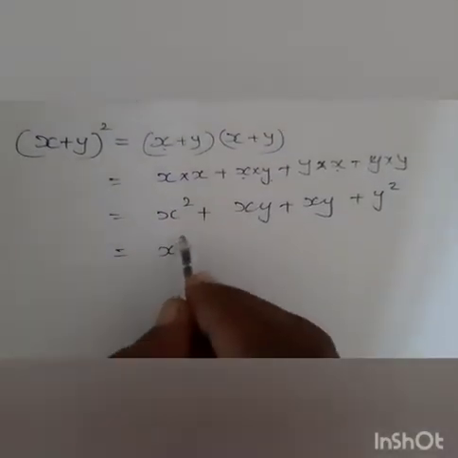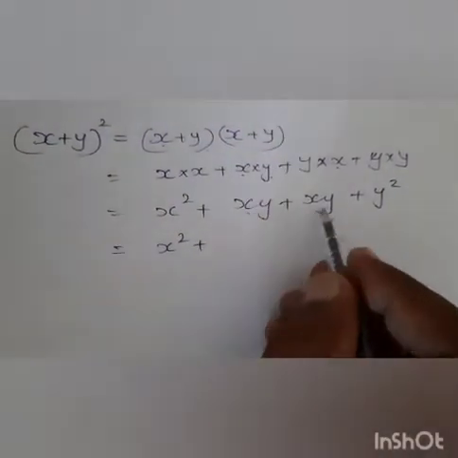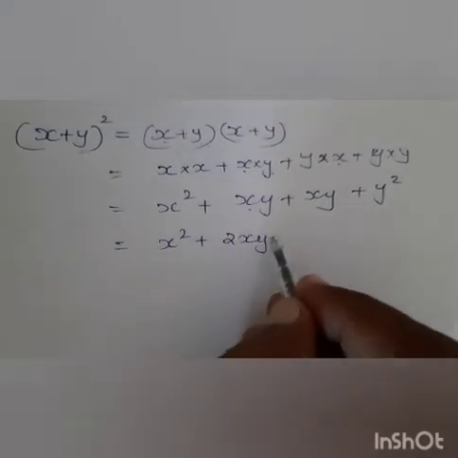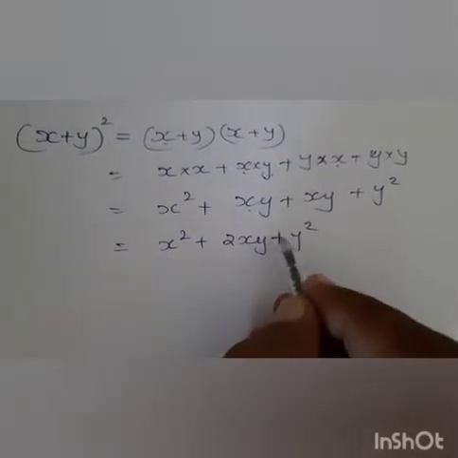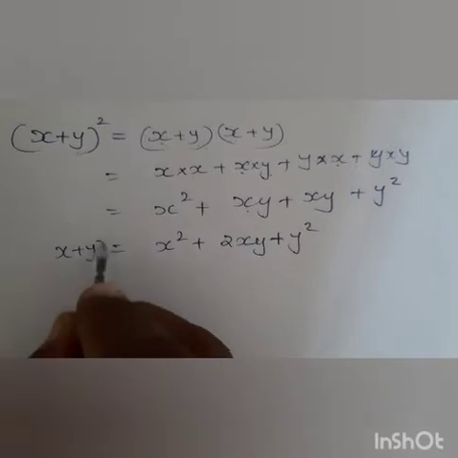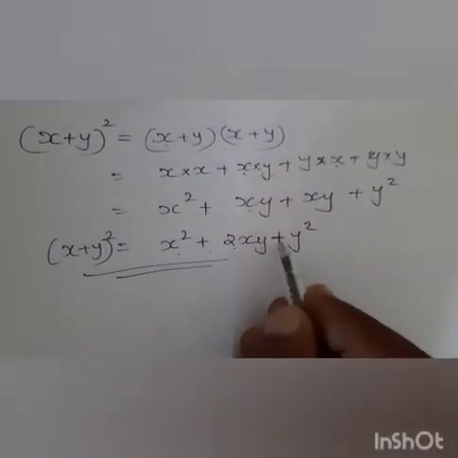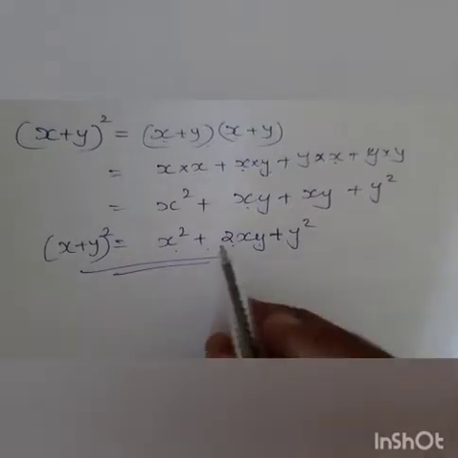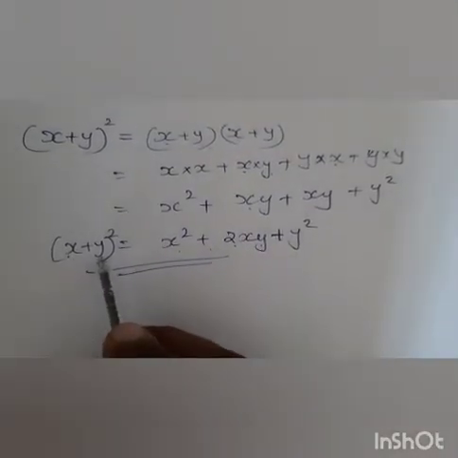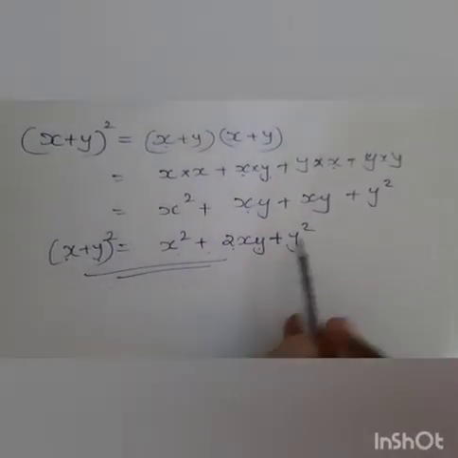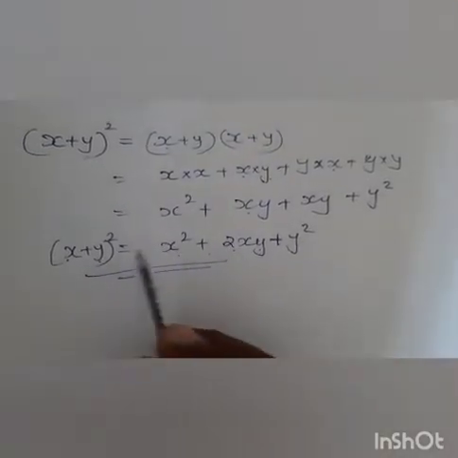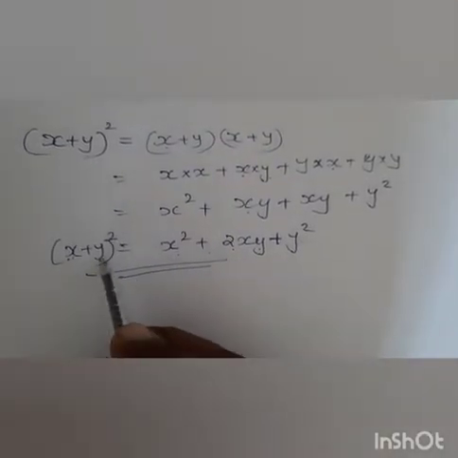So it is x square plus xy plus xy, which we can write as 2xy, plus y square. So (x plus y) whole square is equal to x square plus 2xy plus y square. So take the squares of the first two numbers, x square then y square, then what do you have to do, 2 into x into y.